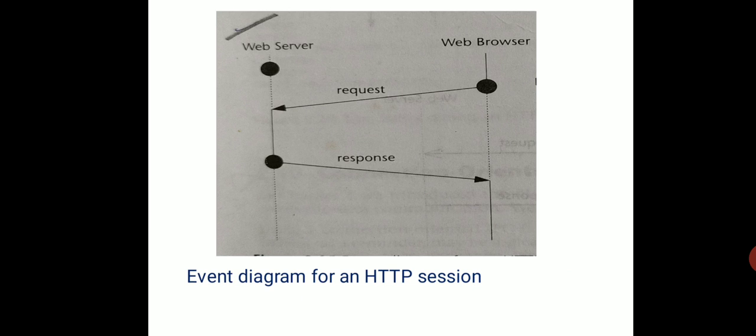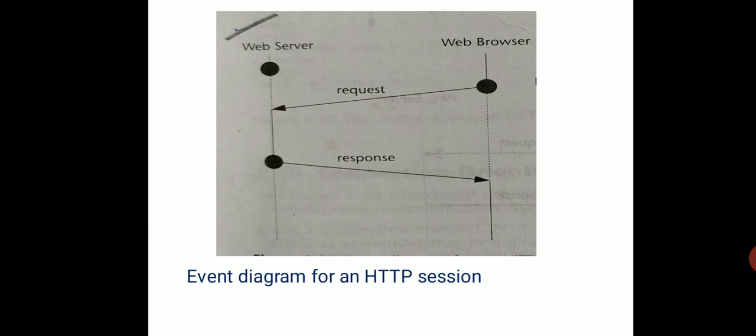So it constantly listens to any request from web browser. So a web browser process makes a connection to the server, then issues a request in the format dictated by the protocol. So the server processes the request and dispatches the response to the browser process. So upon receiving the response, the browser process parses the response. That means it will interpret the response and displays the document.